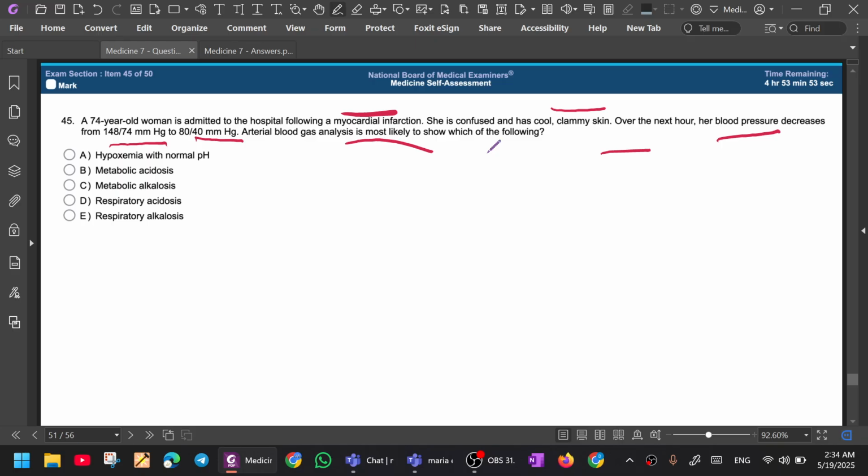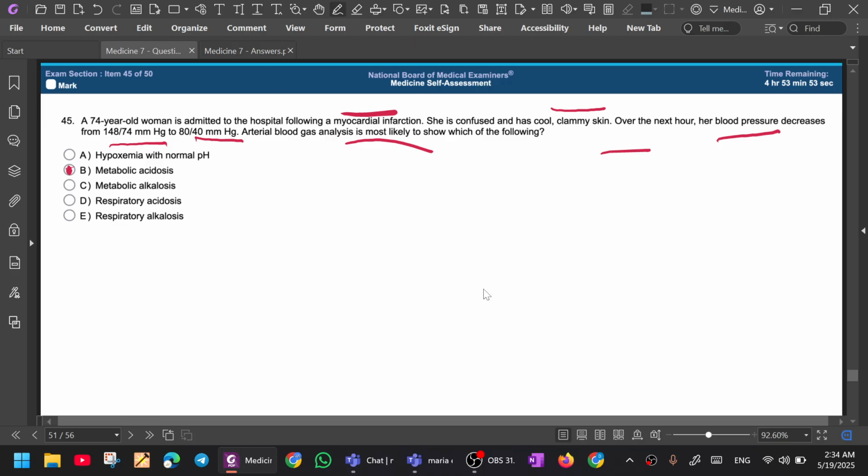Is there anything related to shock, like acidosis? I feel like it's either A, but let's see.